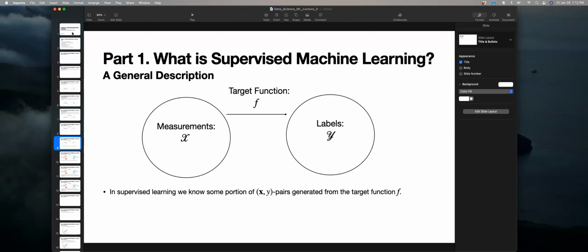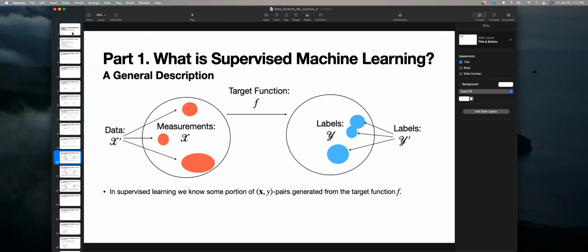So in supervised learning, this function is going to create pairs, where the X entry of these pairs is a measurement, and the Y entry is an assignment of that X value by the target function F. Okay, and those pairs, some of them we have.